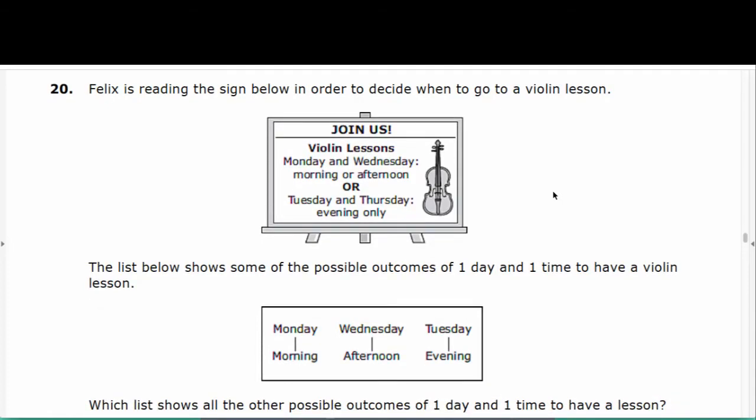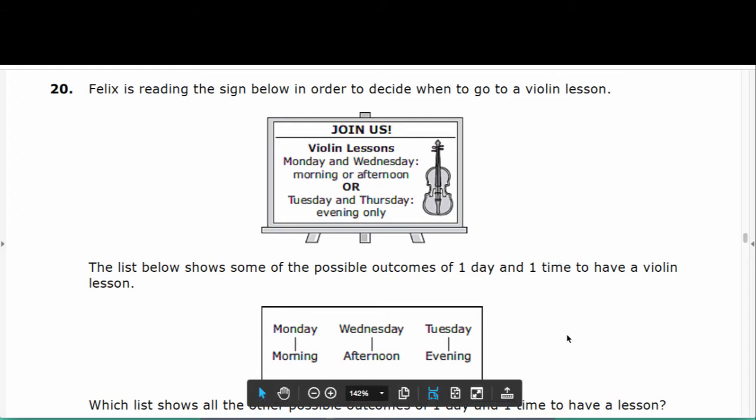Question 20. Felix is reading the sign below in order to decide when to go to a violin lesson. If you would like the sign read to you, please raise your hand. The list below shows some of the possible outcomes of one day and one time to have a violin lesson.